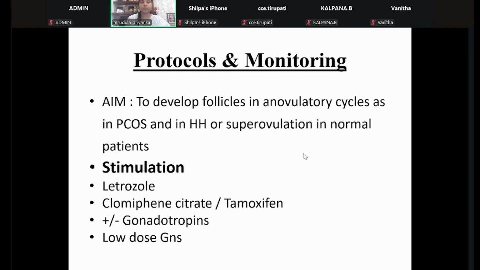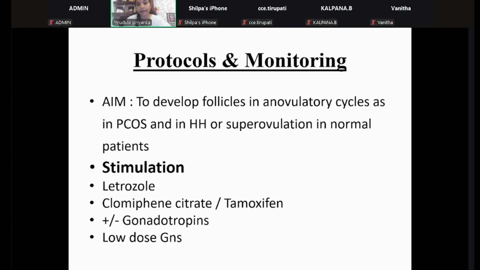Then coming to the protocols and monitoring. So in IUI, we aim to develop follicles in ovulatory cycles and anovulatory cycles, as in PCOS and in hypogonadotropic hypogonadism. So in IUI, what is our aim?